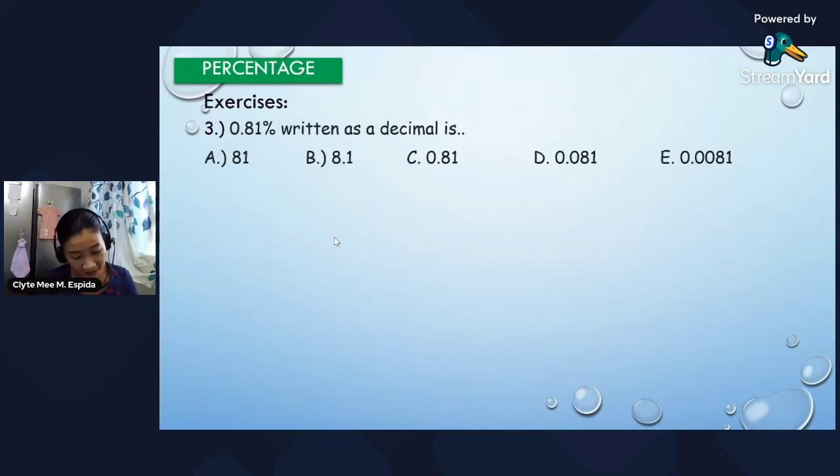Pyramid or triangle. Okay, how about for number 3? Okay, take note po ha. Do not be confused with the question. It is percentage. You're going to write it to decimal. Hindi po siya decimal na gagawing percentage.